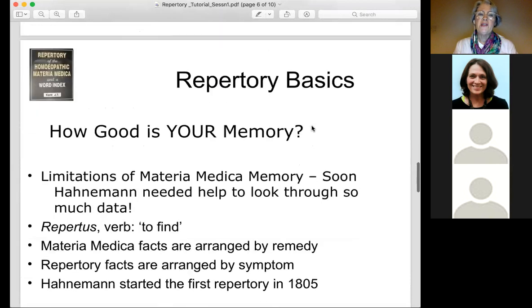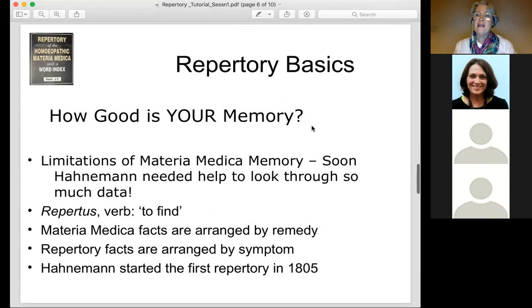So pretty soon, Hahnemann had to ask himself, how good is my memory? He was limited by how much he could remember. And notice that all the information we just looked at, all those symptoms, they're listed by remedy.